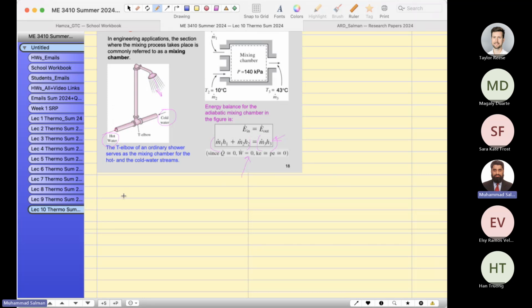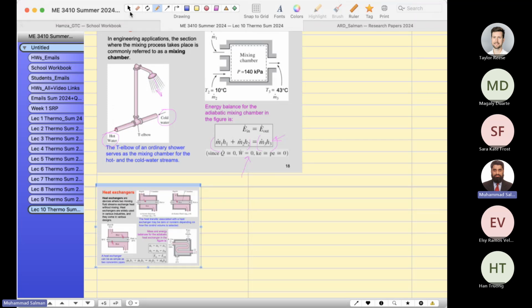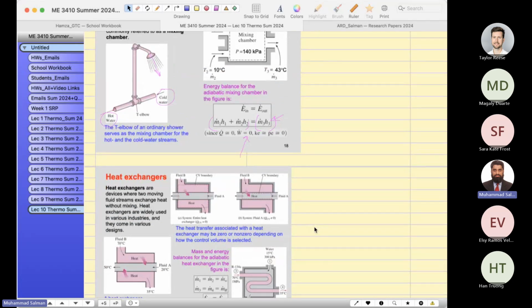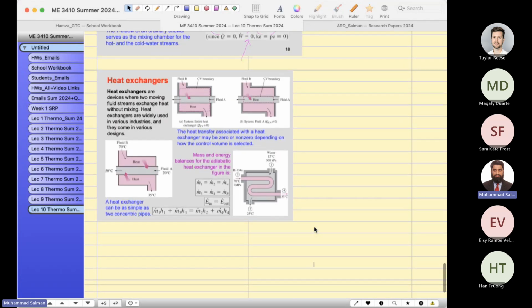Let me show you the heat exchanger, which is widely used in our car. In our car, we have radiators where we pour water or the coolant, and if there is a fluid here, the energy is being transferred.